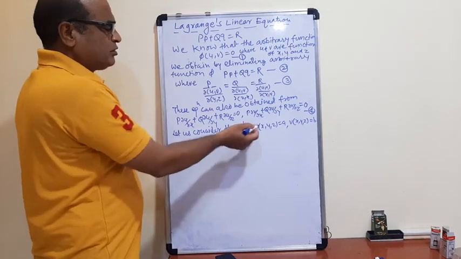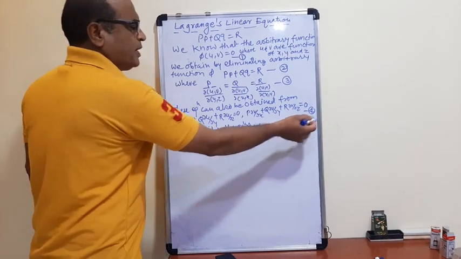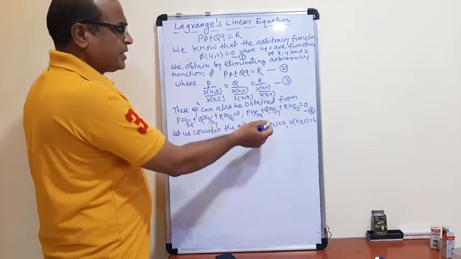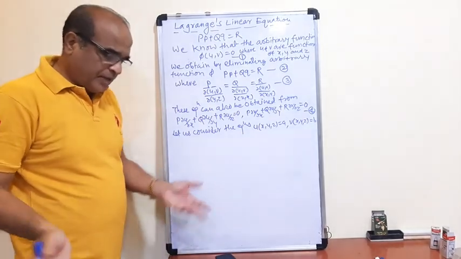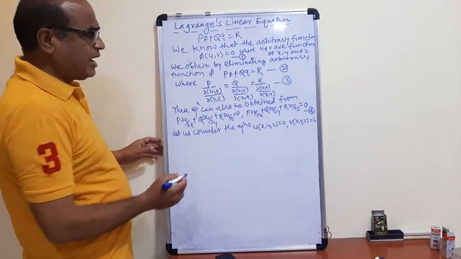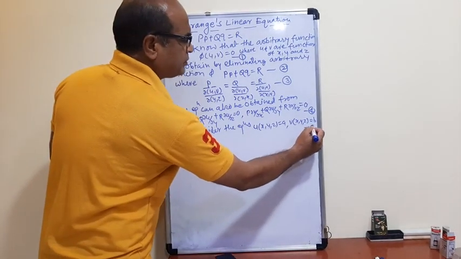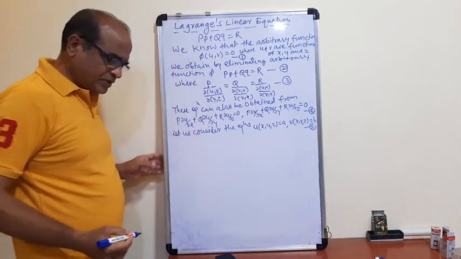So u is a function of x, y, z, v is a function of x, y, z, and a and b are arbitrary constants. This is equation number 5.